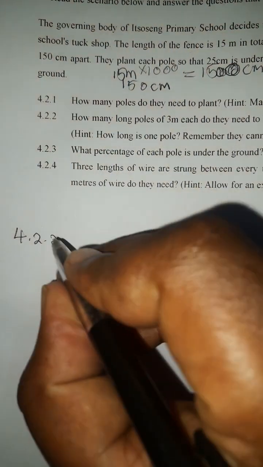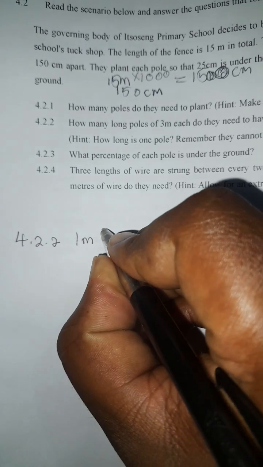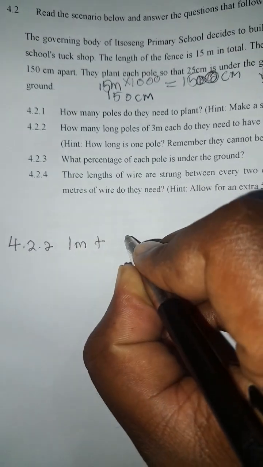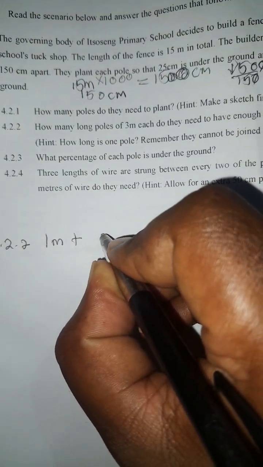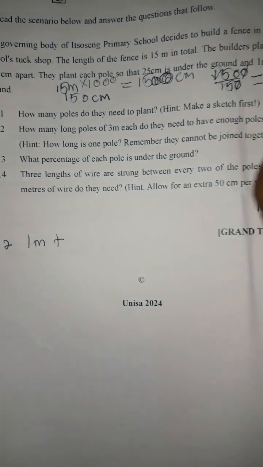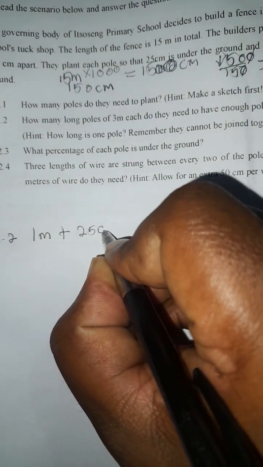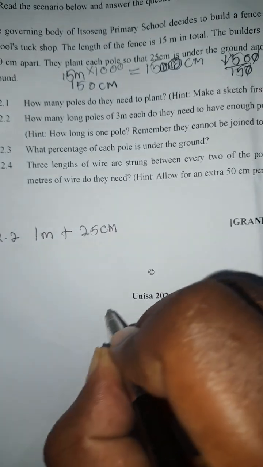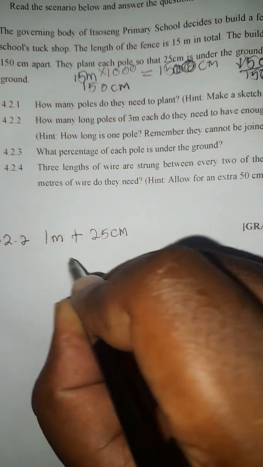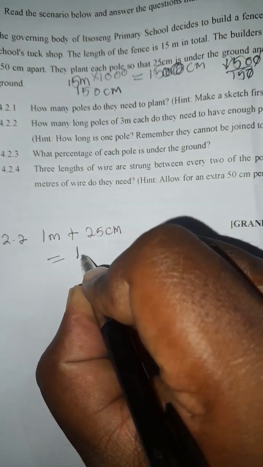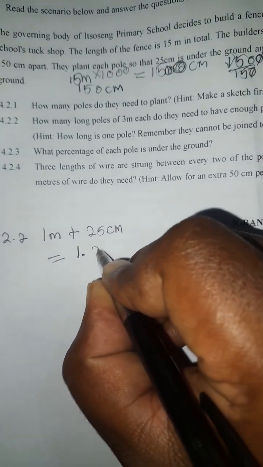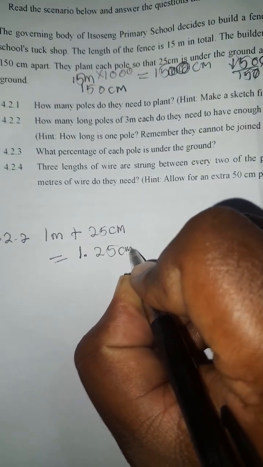So I'll take that 1 meter plus what they said, that they plant each pole so that 25 centimeters is under the ground. We'll add it with that 25 centimeters underground. So when you add these two, you are going to have 1.25, guys.